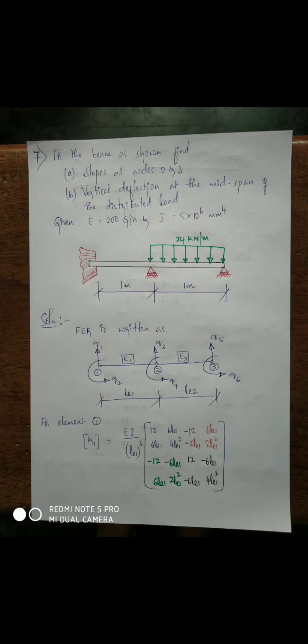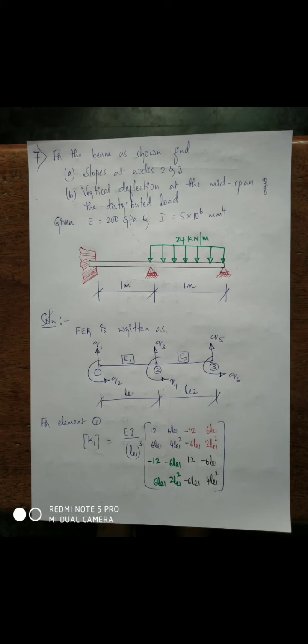So in FER we are having 3 nodes, 1, 2, 3. At each node there will be 2 displacements. At node 1 vertical displacement Q1, angular displacement Q2. At node 2 vertical displacement Q3, angular displacement Q4. At node 3, vertical displacement Q5, angular displacement Q6.